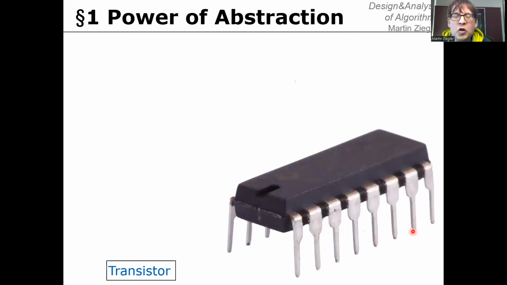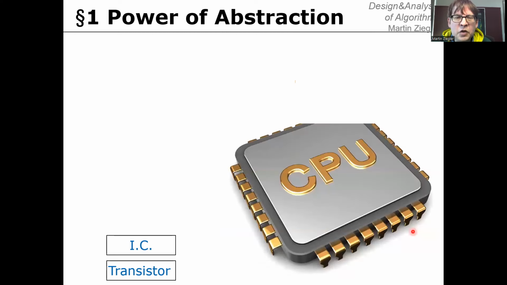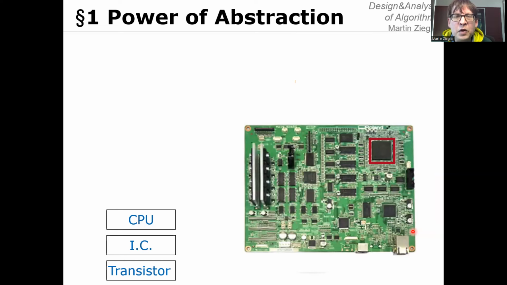Then these transistors are combined into more advanced functionalities, such as an integrated circuit. Integrated circuits are combined into such circuit boards. Circuit boards are further miniaturized into a central processing unit on a single chip. And these are connected to external devices via such a motherboard, including, for example, memory.